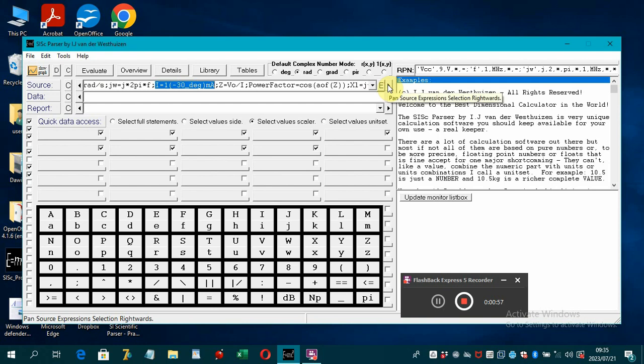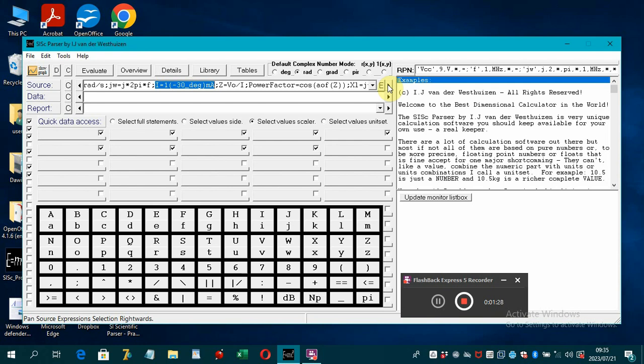We specify a lagging current through the impedance that we want to calculate of 1 angle -30 degrees milliamp. Now that 30 degrees is lagging, meaning we are working with an inductor of a certain Henry value in series with a resistor R.